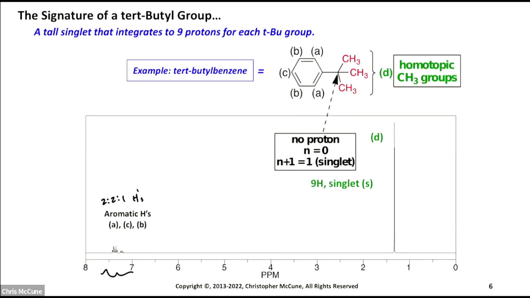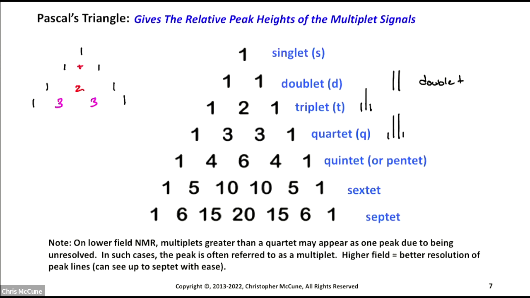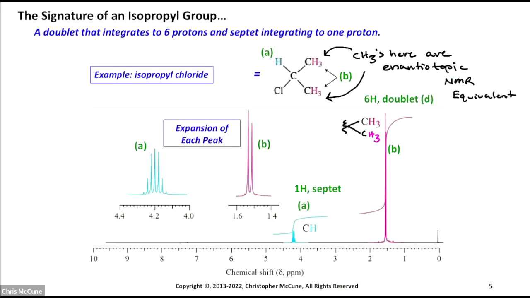And so if we go back to the isopropyl case, and you look at a septet, that's a 1 to 6 to 15 to 20 to 15 to 6 to 1 peak height ratio for that pattern.